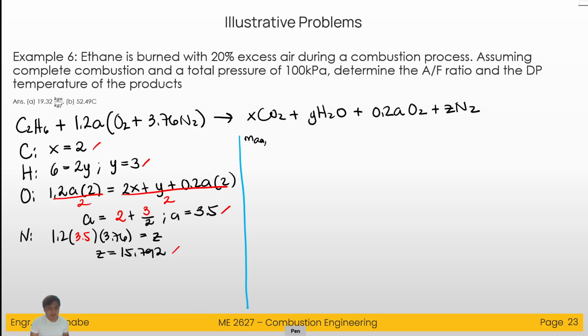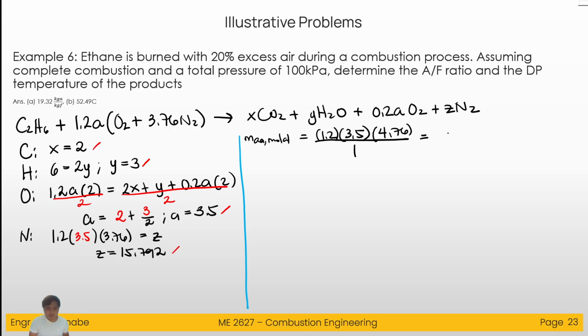So the molal air-fuel ratio will be equal to the number of moles of air, 1.2 times 3.5, which is the number of oxygen moles needed, multiplied by 4.76 and then divided by 1, since we have 1 mole of the fuel.